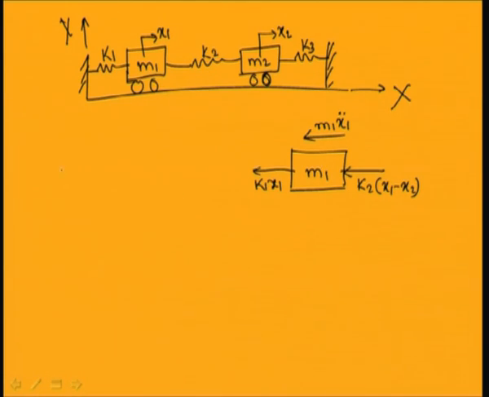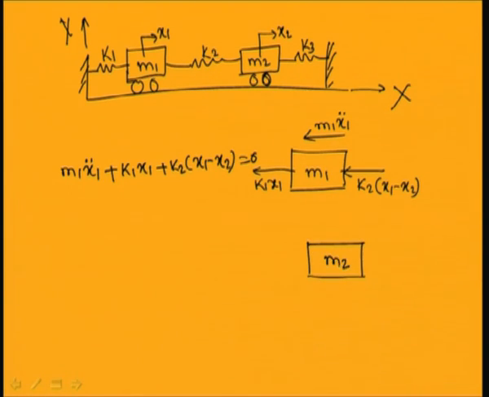Note that all the forces are acting in the same direction. So, m1 x1 double dot plus K1 x1 plus K2 into x1 minus x2 equals 0. Now, I will draw the free body diagram of this mass m2.